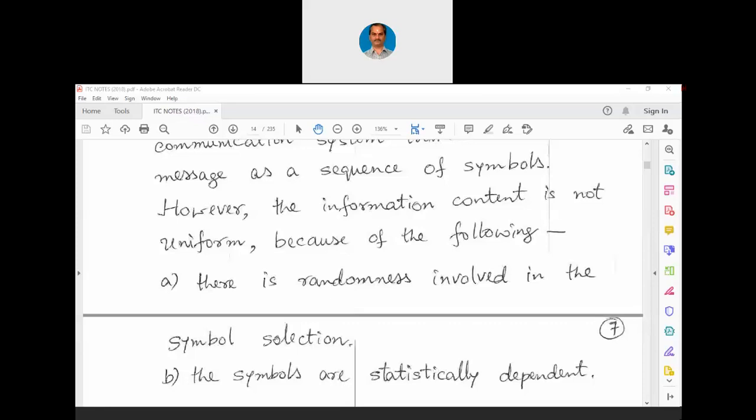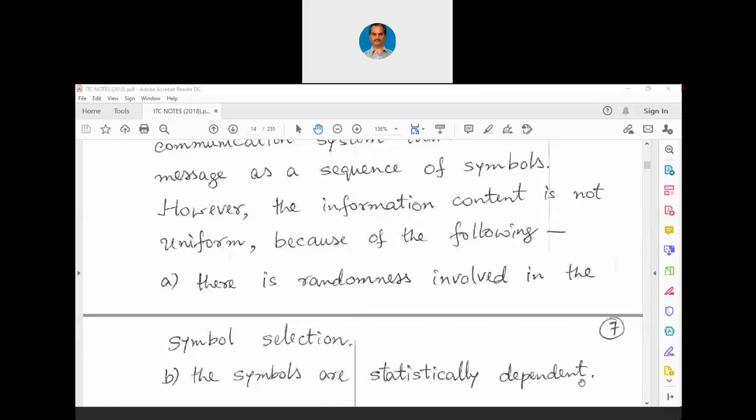Based on all these things, we can reduce the number of bits which we are going to transmit. I told you one sentence earlier: we have to convey more, but we have to transmit less. By transmitting fewer bits, we have to convey a larger amount of information. That is possible by means of all these properties of information.